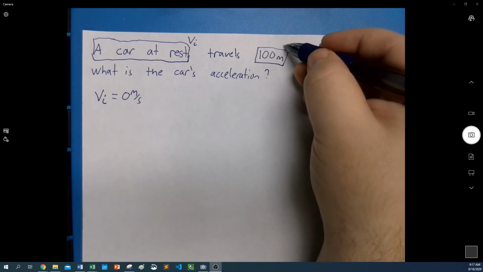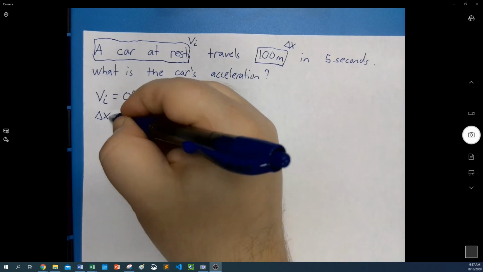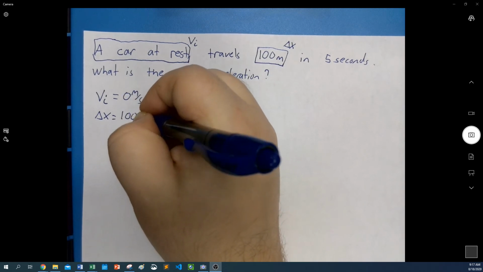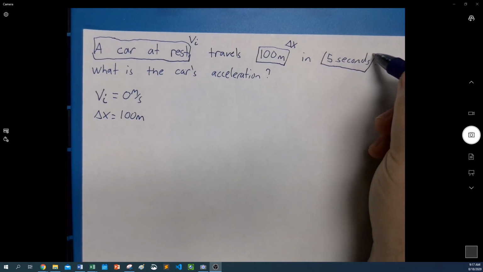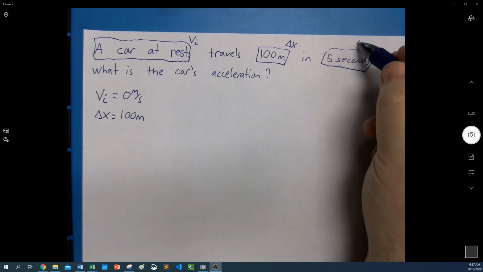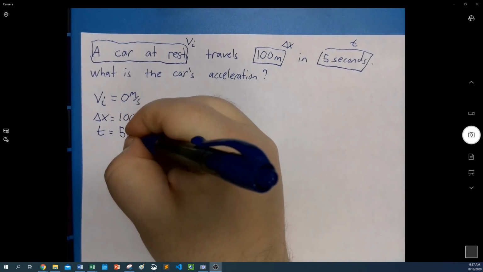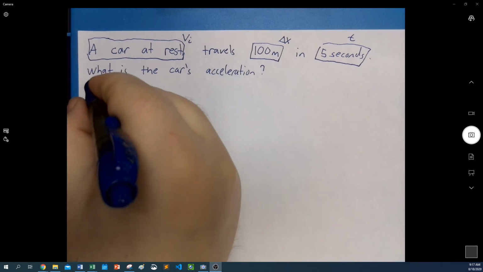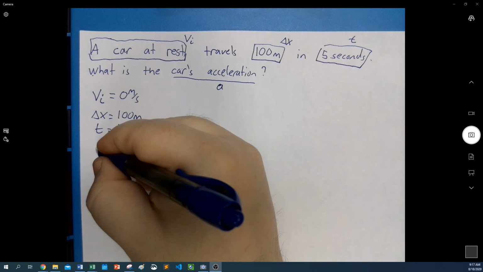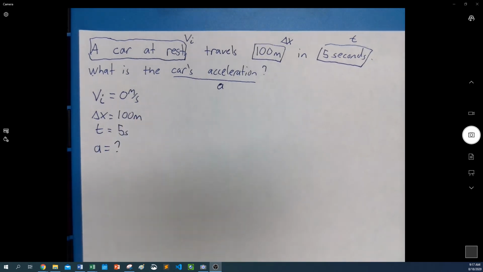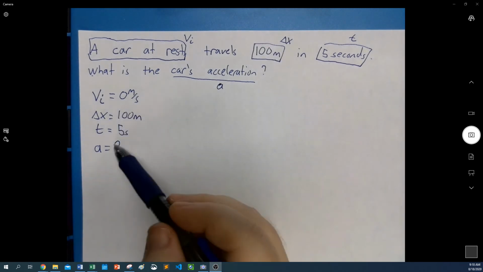So this will be your delta X. So it changed its position by 100 meters. 5 seconds. Which variable does that correspond to? Time, or T. So T is equal to 5 seconds. And it's asking you what is the car's acceleration. That's your A. So we're looking for A. Anytime you're given a word problem, you're going to need to extract the variables from it.